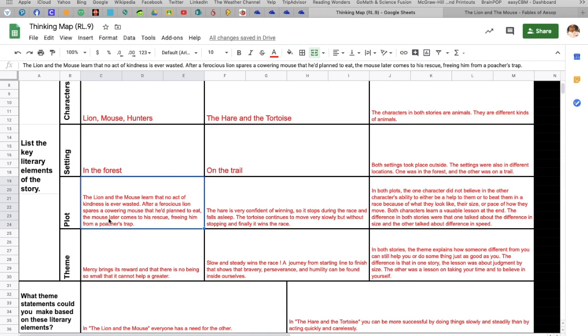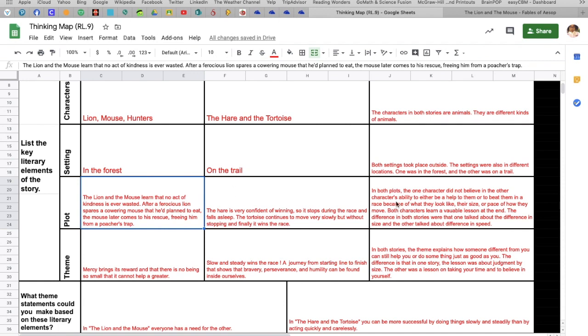After a ferocious lion spares a cowardly mouse that he planned to eat, the mouse later comes to his rescue, freeing him from the hunter's trap. But for the tortoise and the hare, the hare is confident of winning, so it stops during the race and falls asleep. The tortoise continues to move very slowly without stopping and finally wins the race.